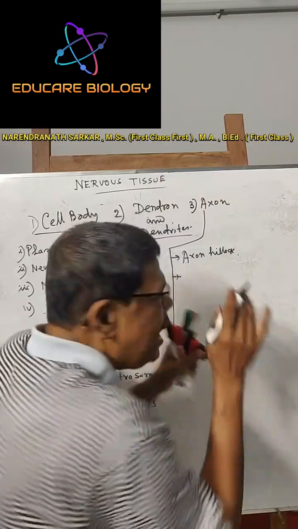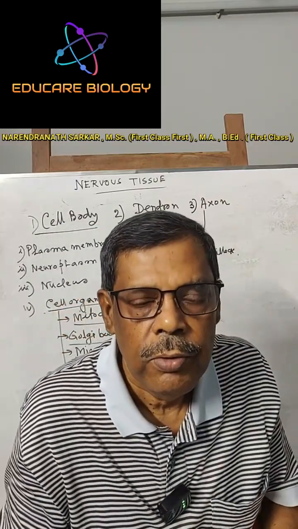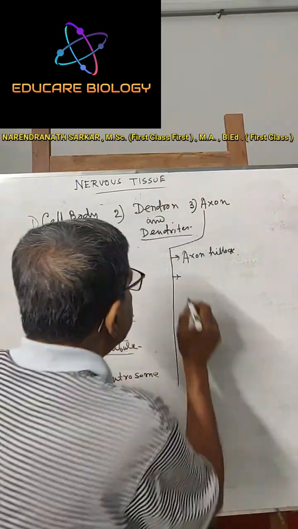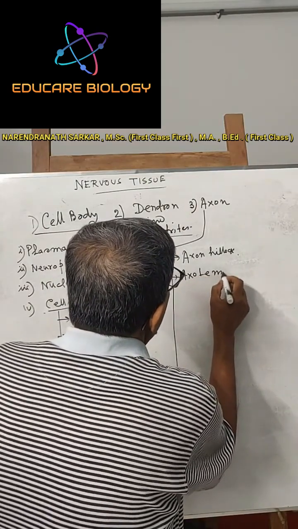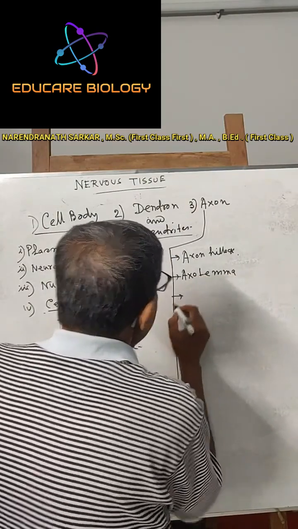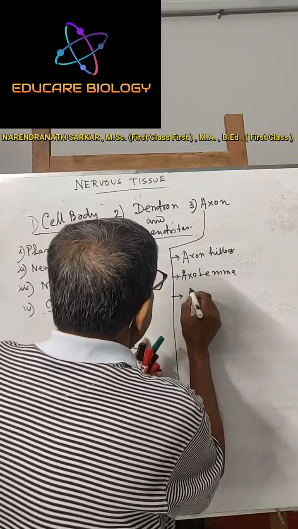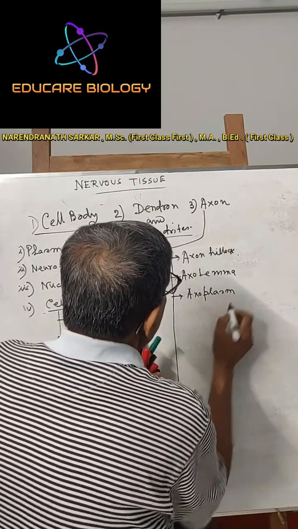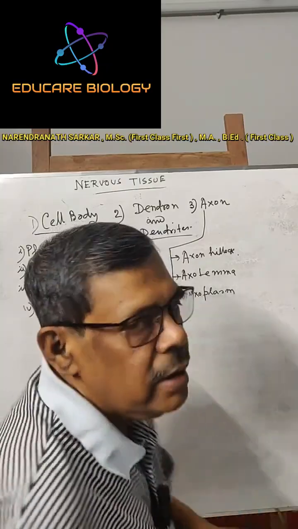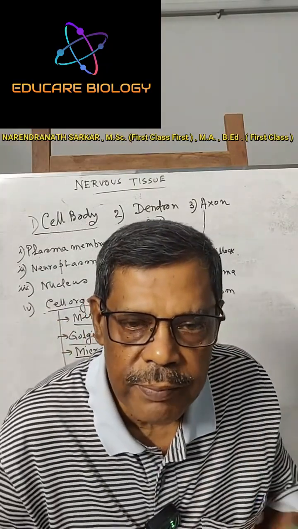Next, axis cylinder, which is covered by axolemma. Within the axolemma, there is found axoplasm. Within the axoplasm, Nissl granules are absent.